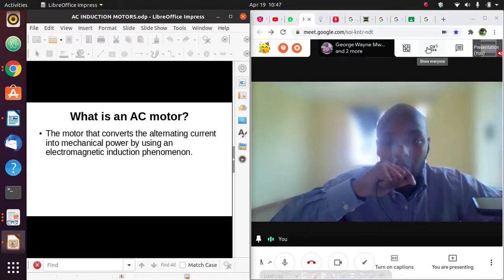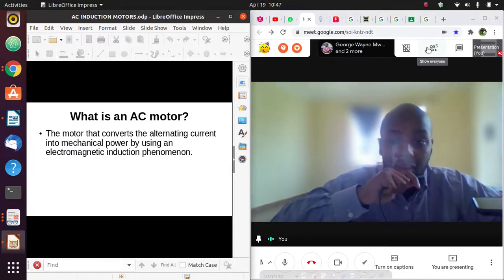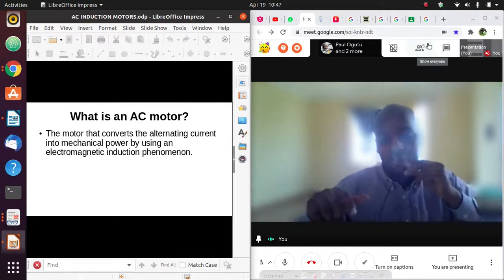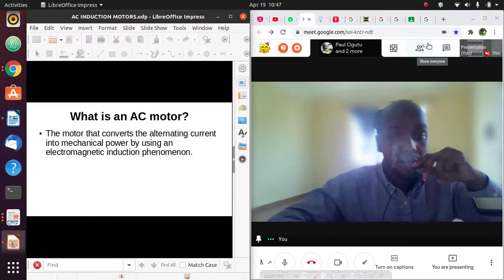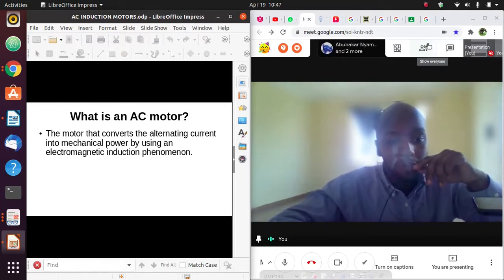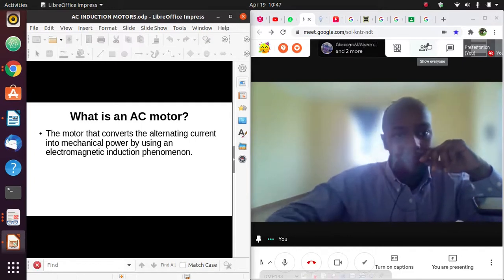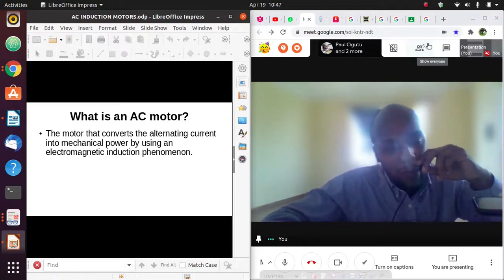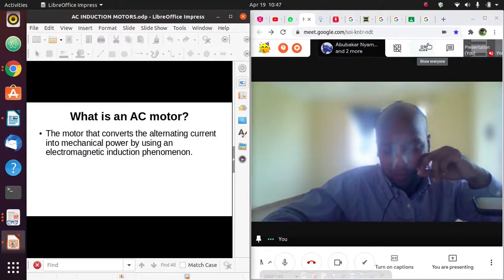An AC motor is usually powered by an alternating current through electromagnetic induction. We will look at it in detail as we continue, but I want someone to explain what they think electromagnetic induction is. Paul or Abubakar? I'm sure by now you have come across electromagnetic induction somewhere. What is electromagnetic induction?